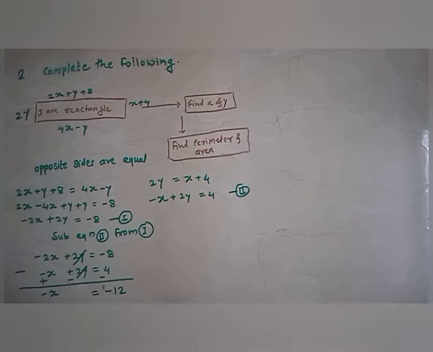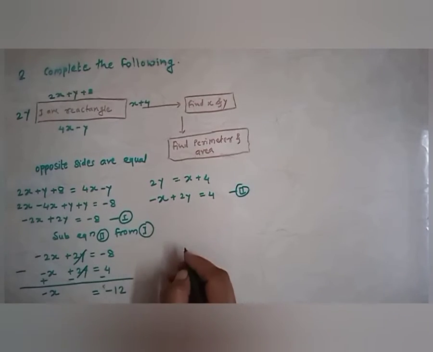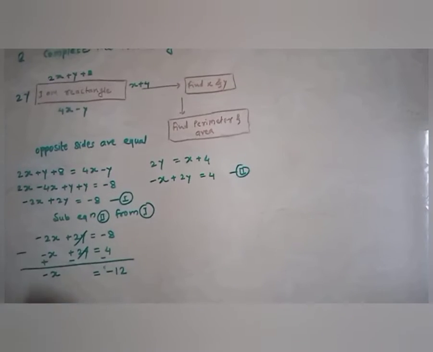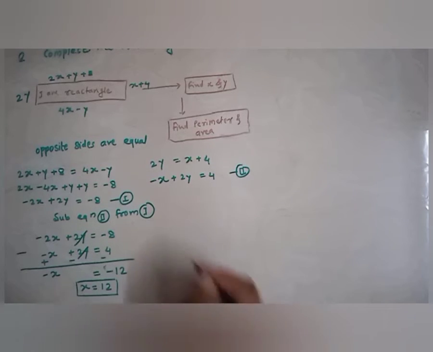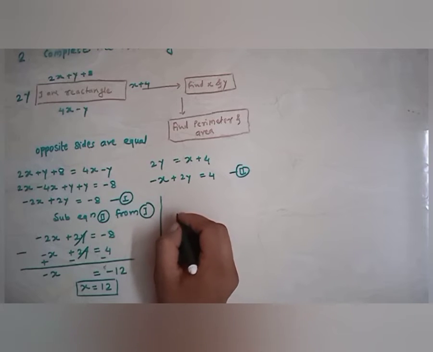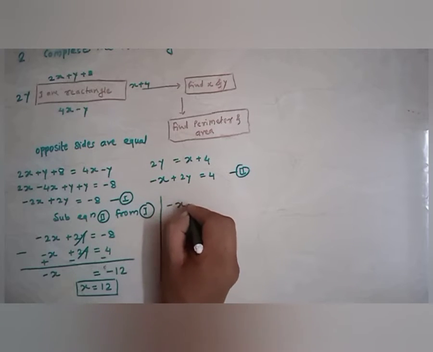So we get the value of x. So x is equal to 12. Write here x is equal to 12. Put this x is equal to 12 in the equation, then we get the value of y.